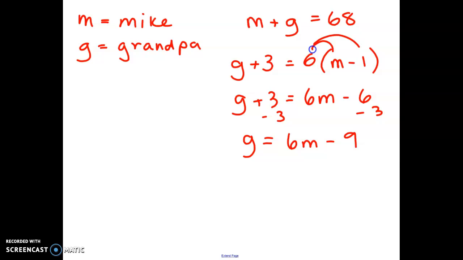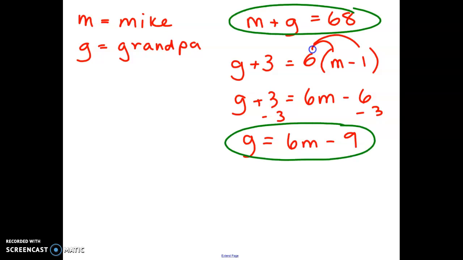So where we're going with this unit is I have 2 equations here. I have that Mike's age plus grandpa's age is 68, and that grandpa's age is 6 times Mike's age minus 9. So what we do in this unit is a process called substitution. So I can say that then M plus 6M minus 9 equals 68, because this is like grandpa's age.